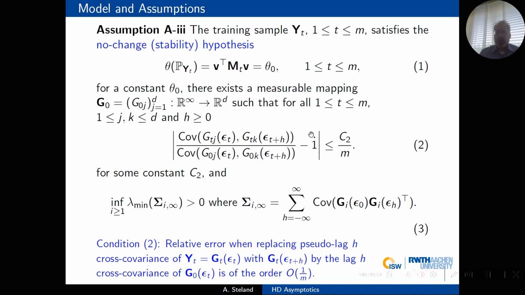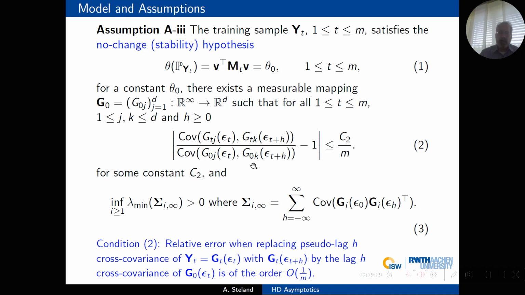This assumption says that you can approximate the pseudo-covariance structure by something where you use functions j which do not depend on t.